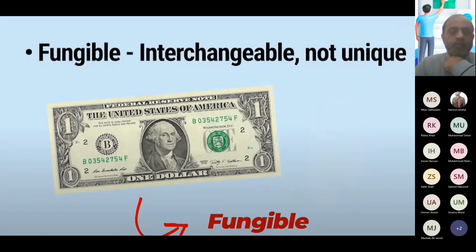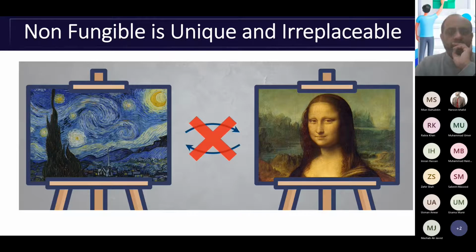And even instead of one, you have four quarters for a dollar. You will not mind having, like, instead of 5,000 rupees, it may be a little inconvenient for you to keep, but 1,000 rupees is as good as 5,000 rupees. But non-fungible are the items that are unique, and they have just one copy.